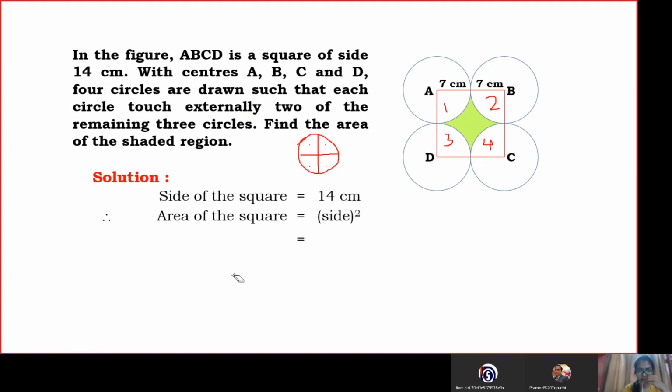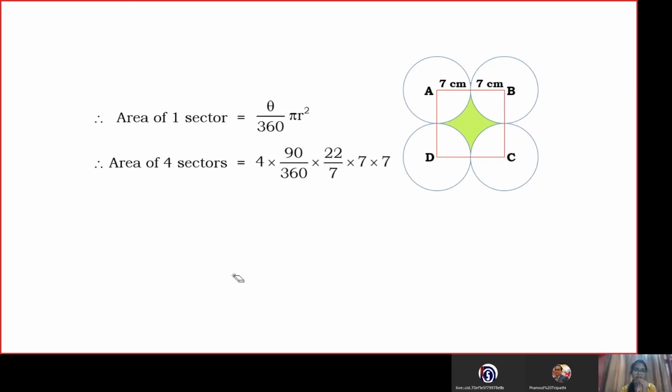That is 14 into 14, 196 centimeter square. Then we know that the radius of the sector is 7 centimeters, right? So area of one sector is theta upon 360 into pi r square, or area of four sectors, same as the area of a circle, will be 154 centimeter square.